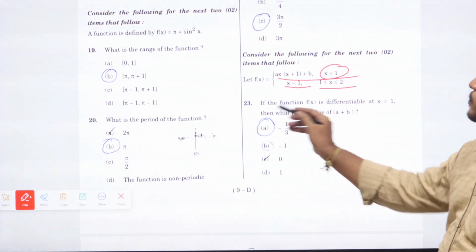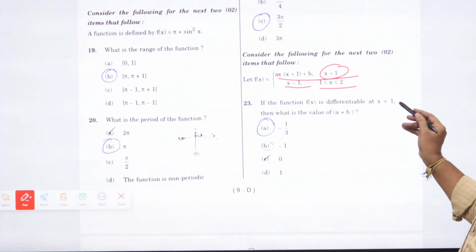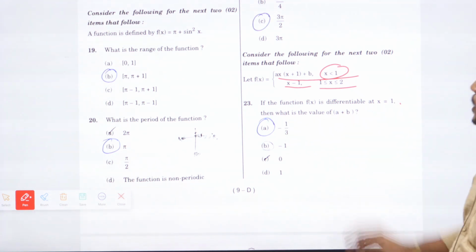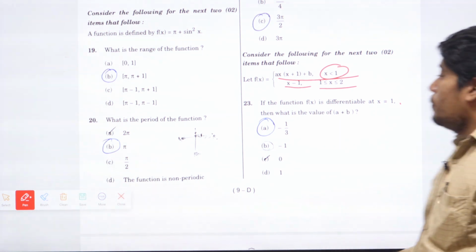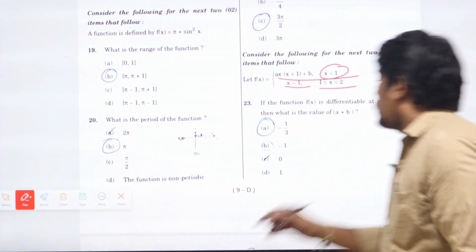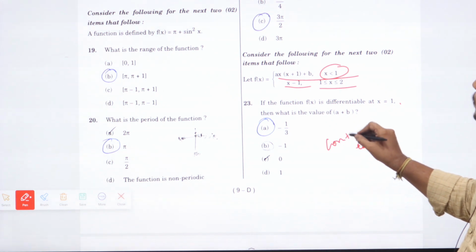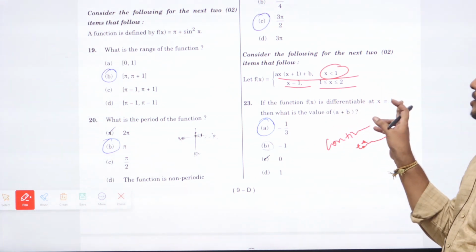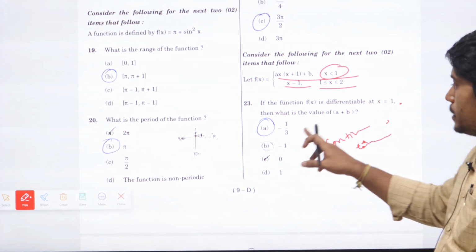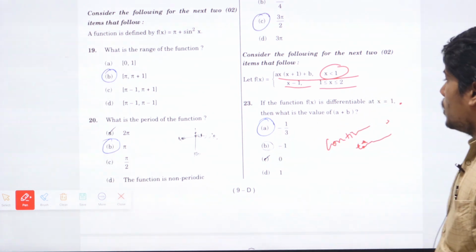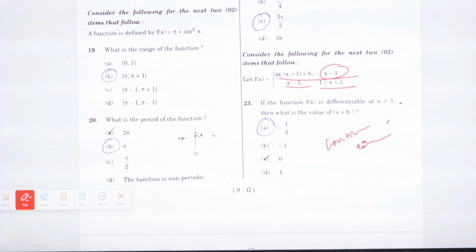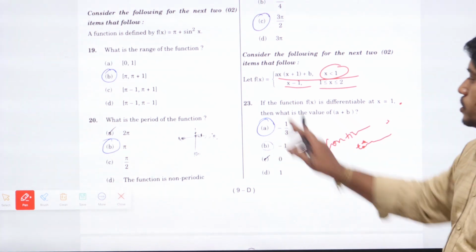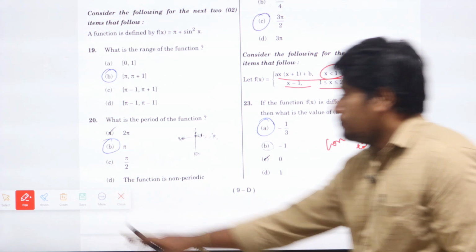If the function f of x is differentiable at x equal to 1, then what is the value of a plus b? Using the concept of continuity, since it is differentiable at x equal to 1, we have to apply the limits. So we get the value of a plus b is minus 1 by 3. Option A will be the right answer.